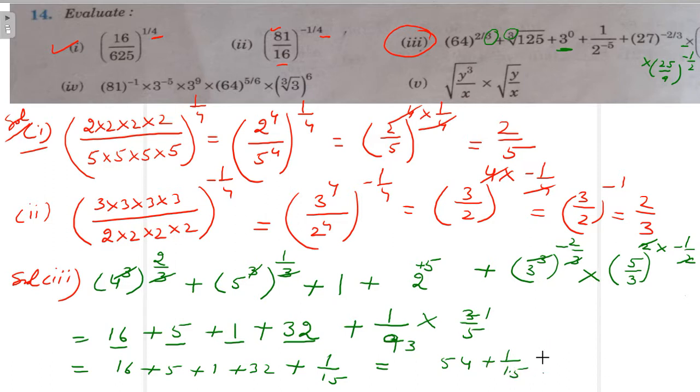So now you can write it as 54 is its whole part and this is fractional part. It is a mixed fraction, so your answer is going to be this, right? Do it carefully. Now I am going to rub this and do the next part.